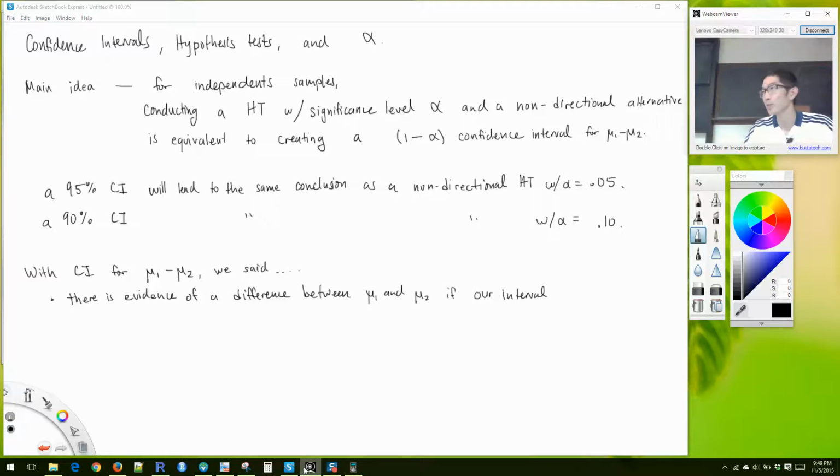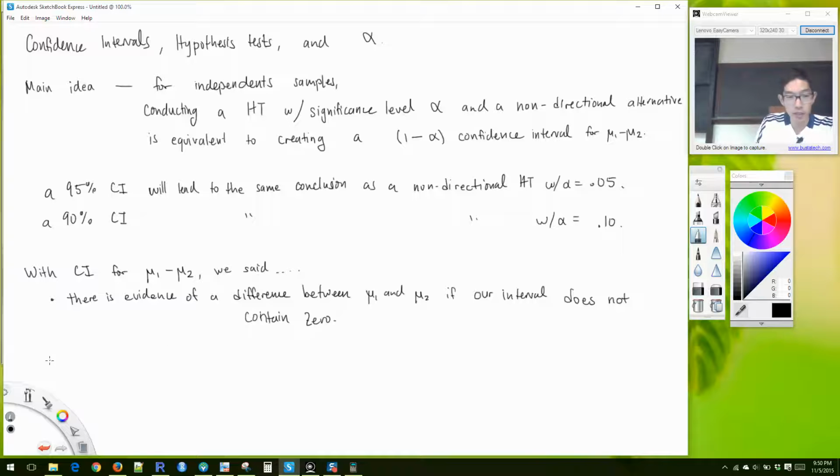You guys remember? If our interval does not contain 0. So if our interval is entirely positive or entirely negative, then we would say there is evidence of a difference between mu1 and mu2.